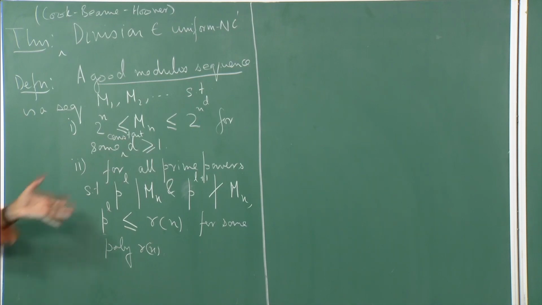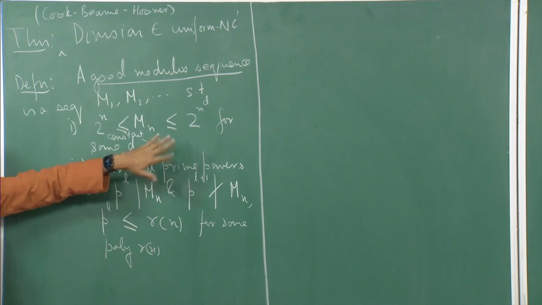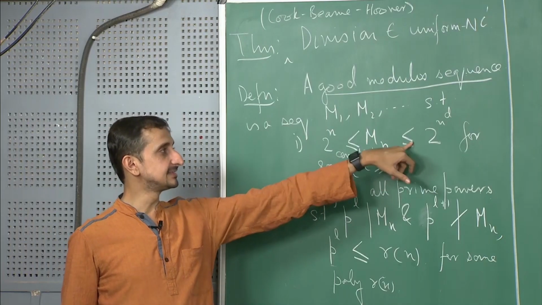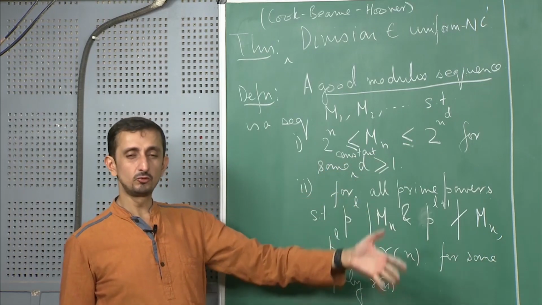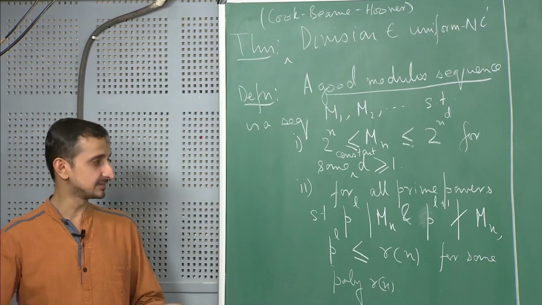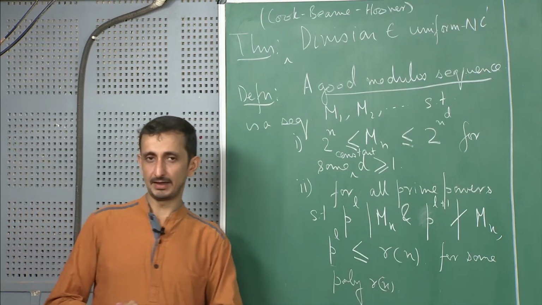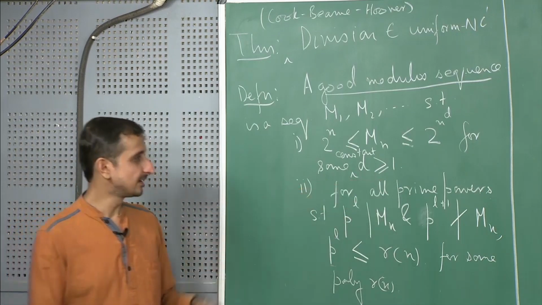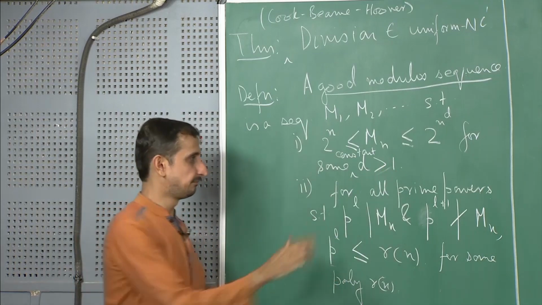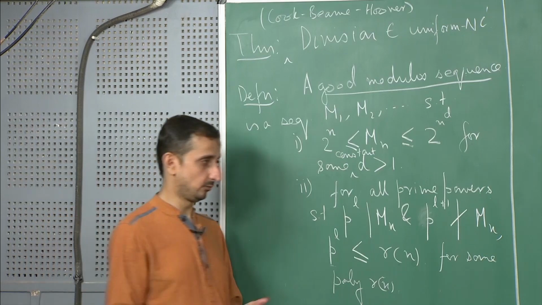Now, if you just look at this, d equal to 1 actually will not work, because if I set d equal to 1, it means that Mn is exactly equal to 2 to the power n, and the only prime factor of 2 to the power n is 2, and the highest prime power is 2 to the power n itself, and 2 to the power n is of course bigger than any polynomial. So d equal to 1 does not work. Without any loss of generality I can remove this, but d equal to 2, 3, they might work. In fact, we will see.